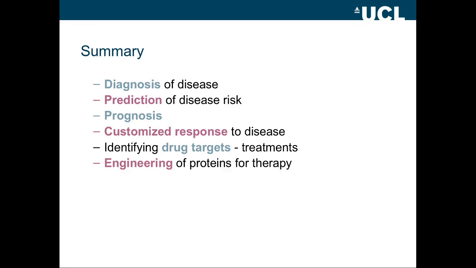It can be used in diagnosis of disease, prediction of disease risk, prediction of prognosis, customised response to disease, in other words, giving suitable amounts of drug, or indeed giving different drugs depending on an individual's genetic makeup, identifying drug targets in order to lead to new treatments, and engineering of proteins for therapy.